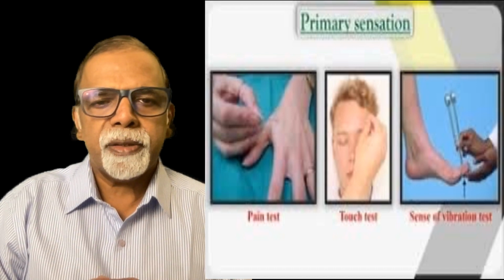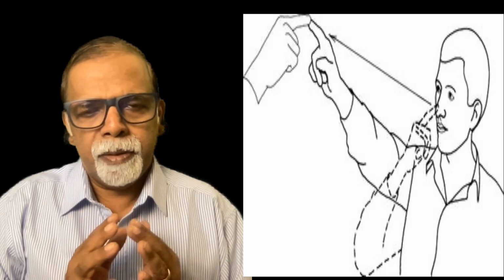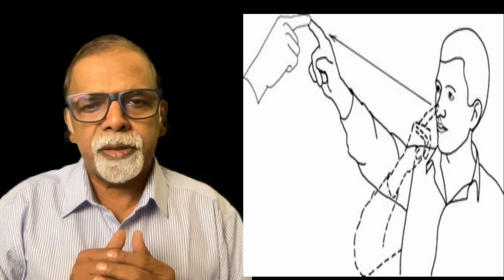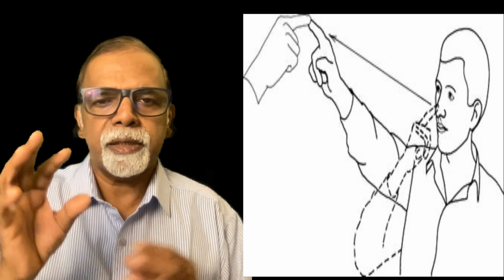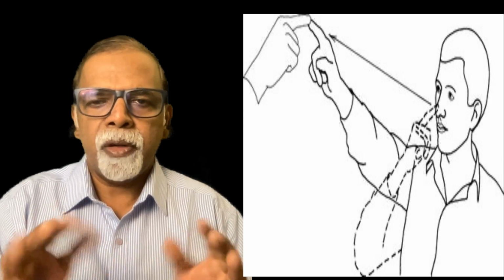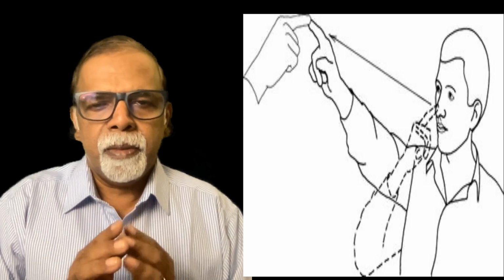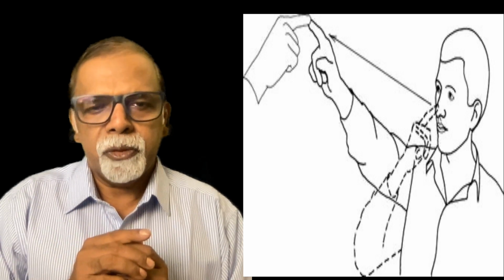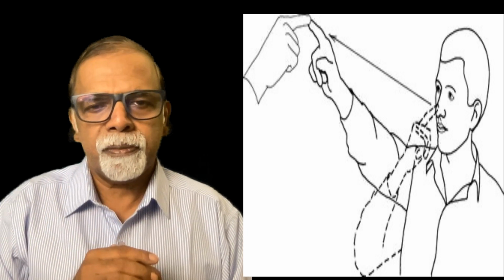Going to the coordination, it is a part of the motor examination. Observe fine movements, fine motor skills, as the patient does this. Look for rapid alternating movements, that is dysdiadochokinesia, and point-to-point movements, that is the finger-nose-finger test.